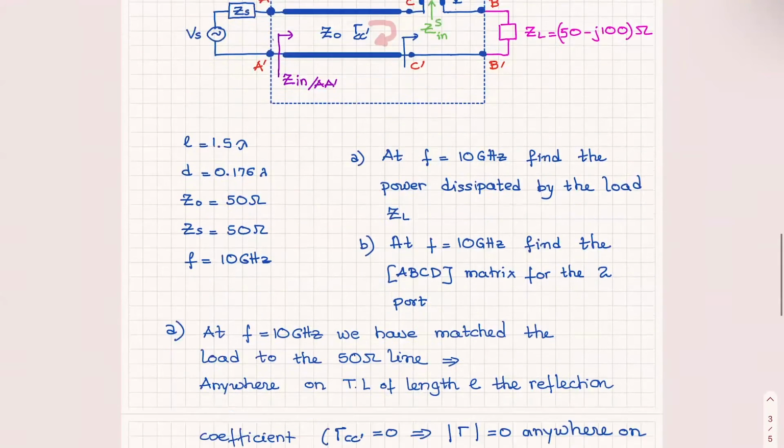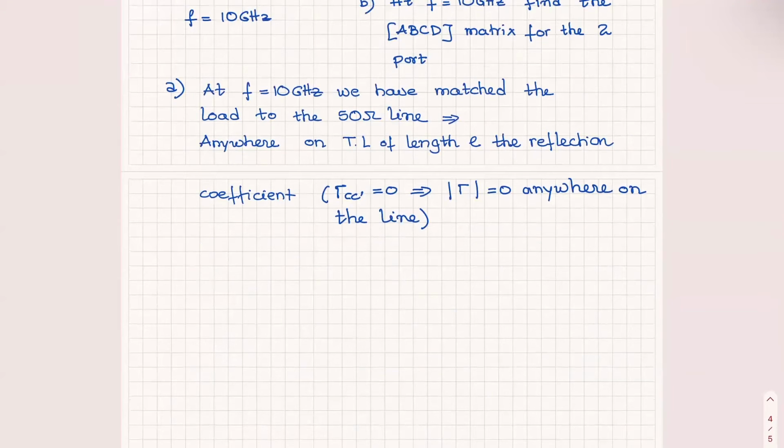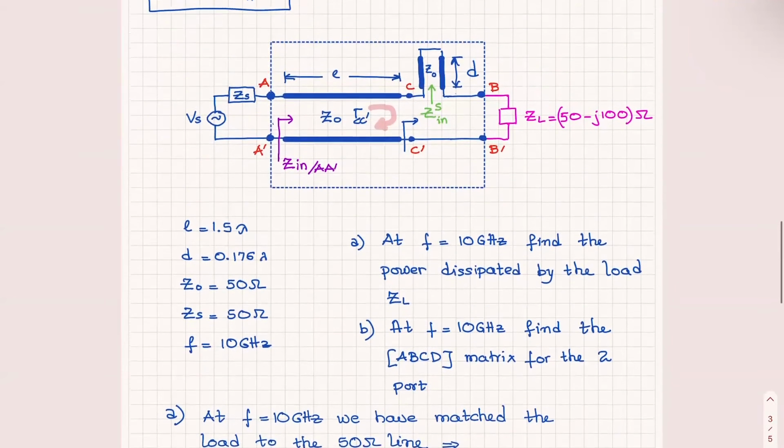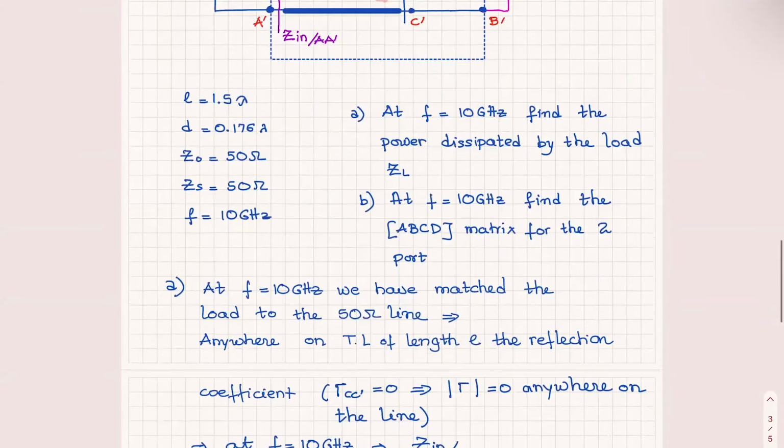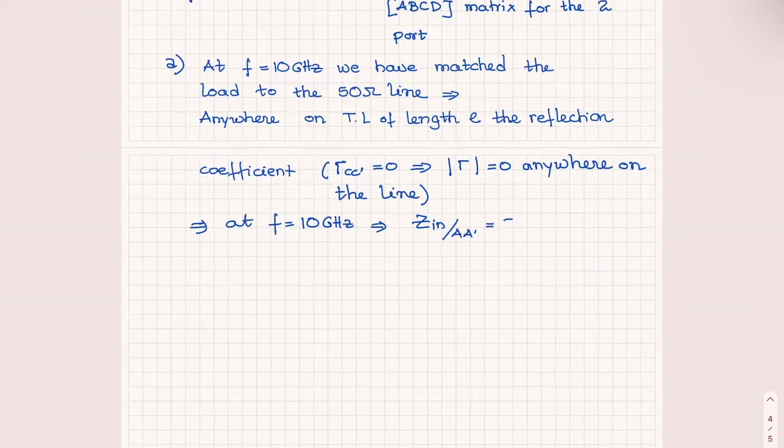It implies, therefore, that at F equals 10 gigahertz, where we have made the matching, Z input at A prime, which is this one, the purple, is equal to 50 ohms.